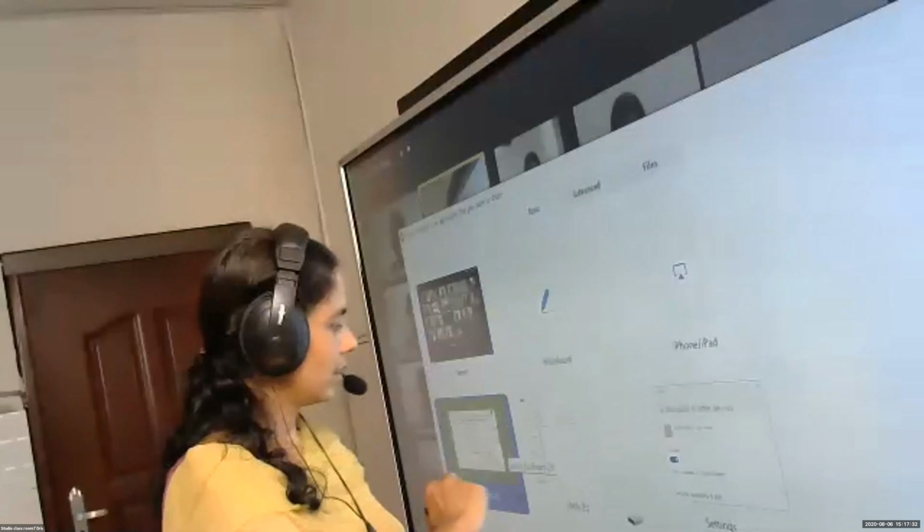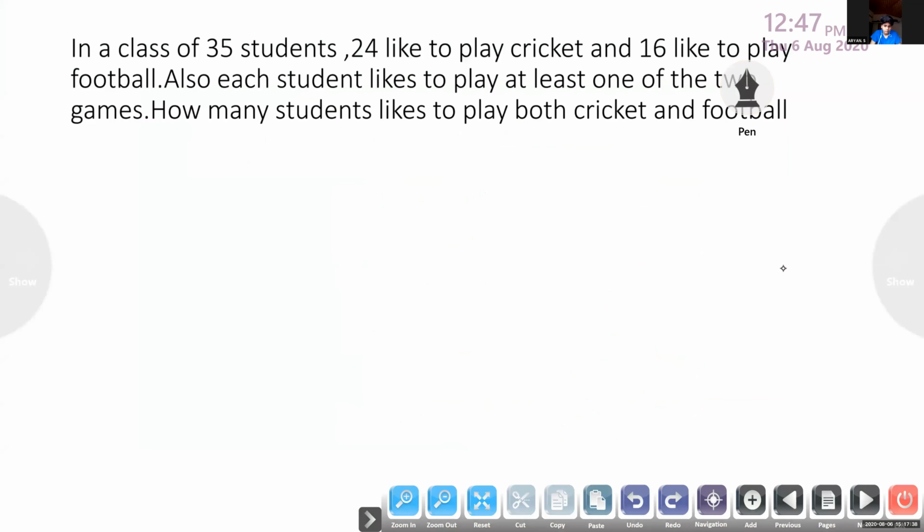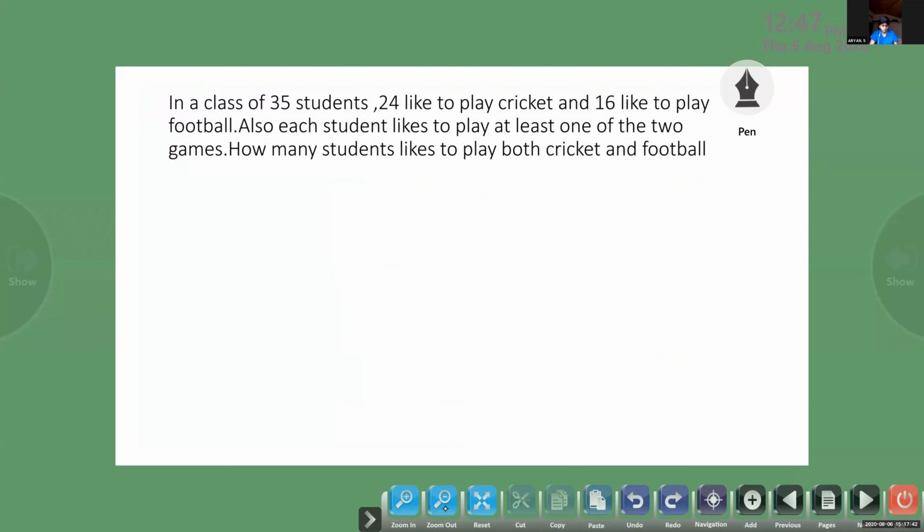Okay. So we learn how to apply this formula. Next question. Write down this question.